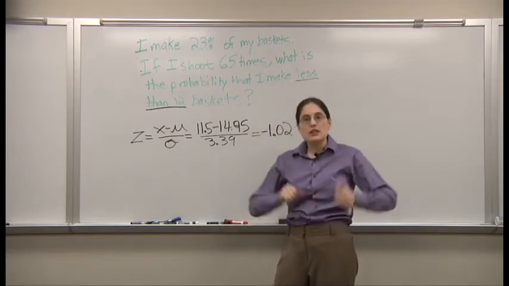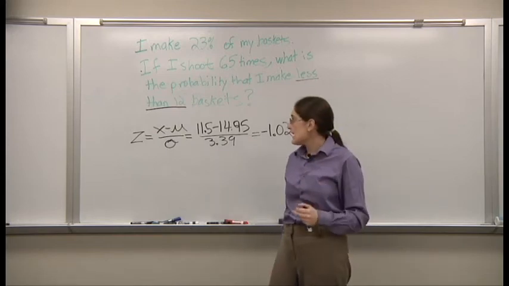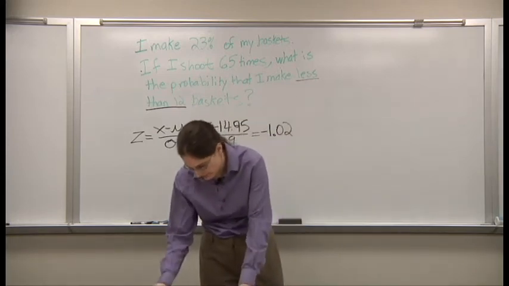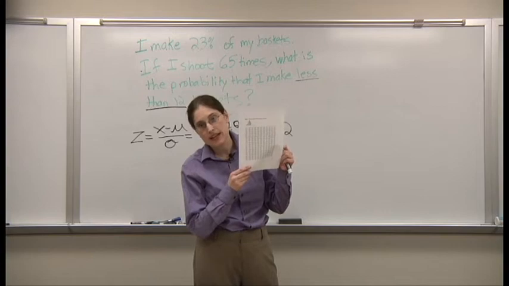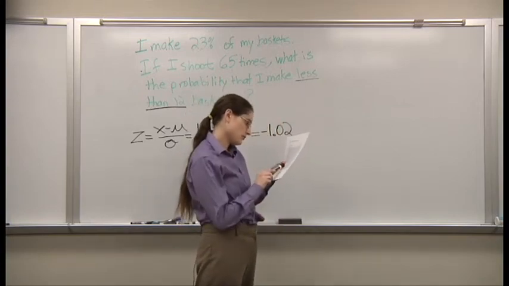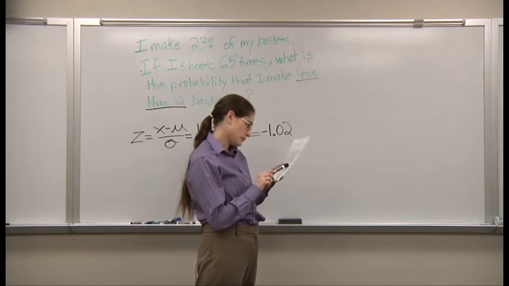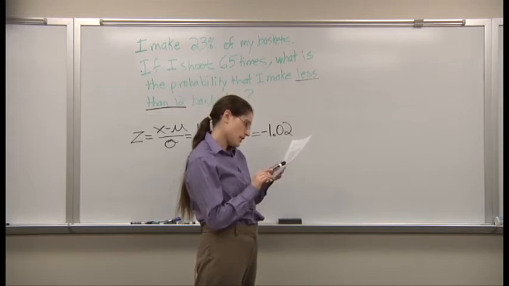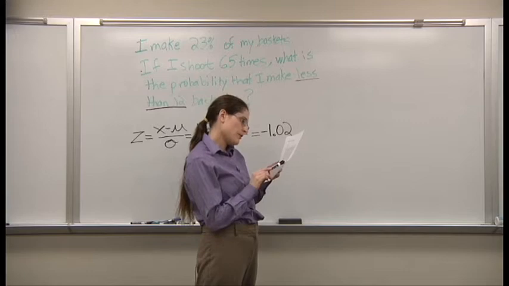Now we've got z. We're almost there. What's next? Yep, table. .1539.